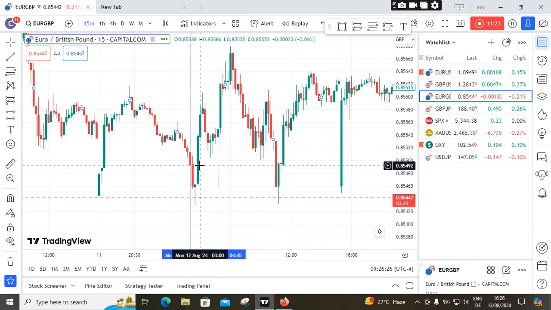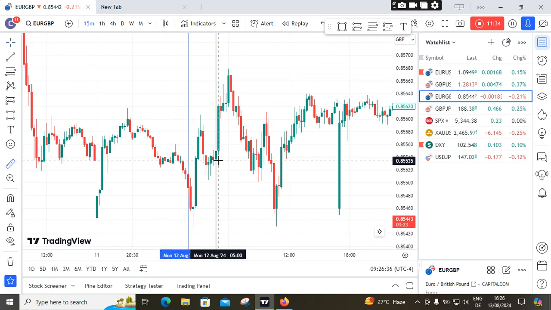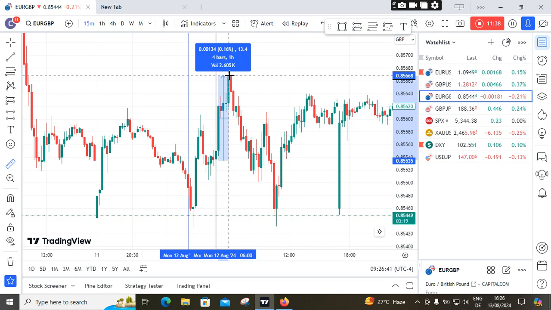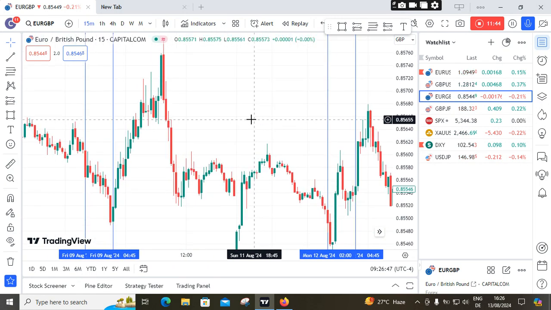1, 2, 3, 4, 5, 6, 7, 8, 9, 10, 11, 12. So after the 12th, we go higher, and I think we had not reached the higher time frame PDRA, but even these ones, this reversal is enough for you to take a 1R or 1 risk to reward ratio.